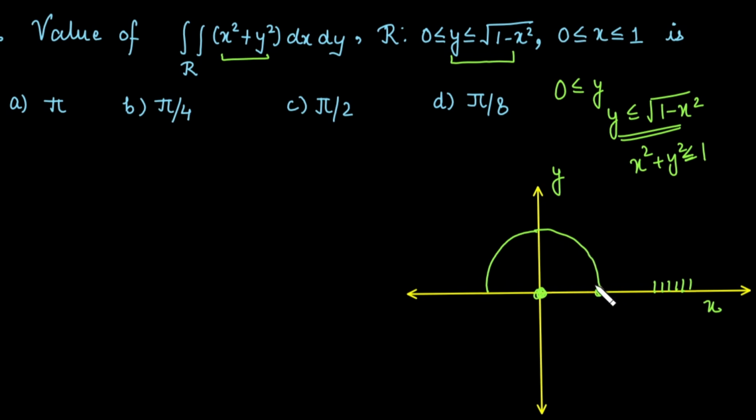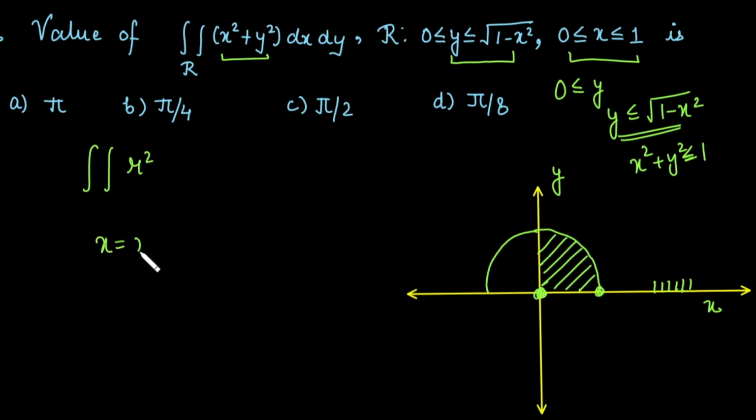Now rather than semicircle, it is the further one half of the semicircle, only in the first quadrant, because of the range of x that is from 0 to 1. Now in this case, double integration, this function is r square because x square plus y square is r square.